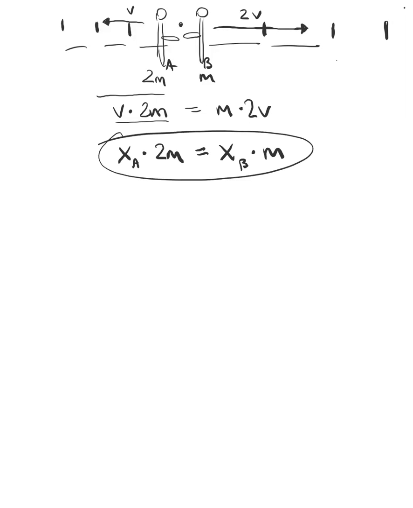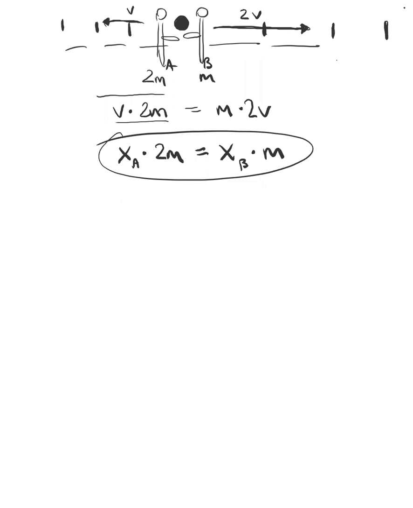From this, it follows that there is an imaginary point in between these two astronauts. We will call this point the center of mass. And as these astronauts are moving, the center of mass remains here.